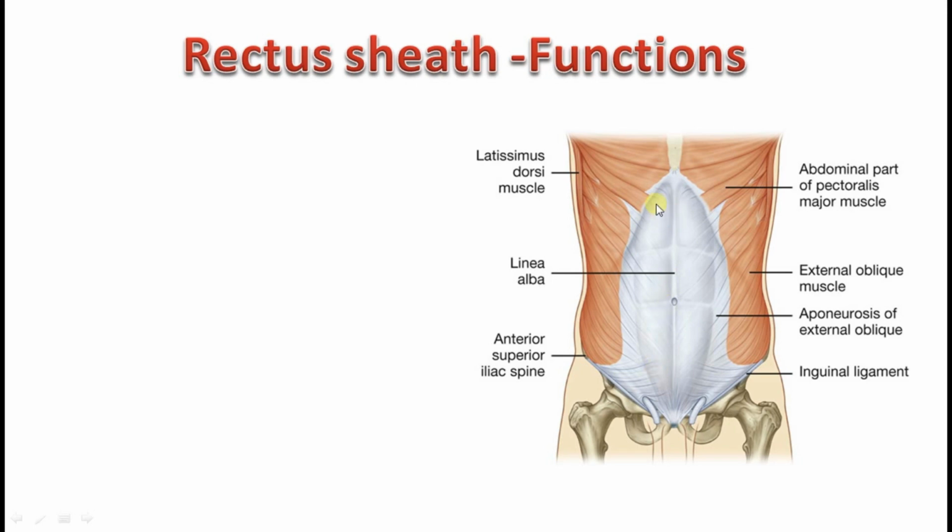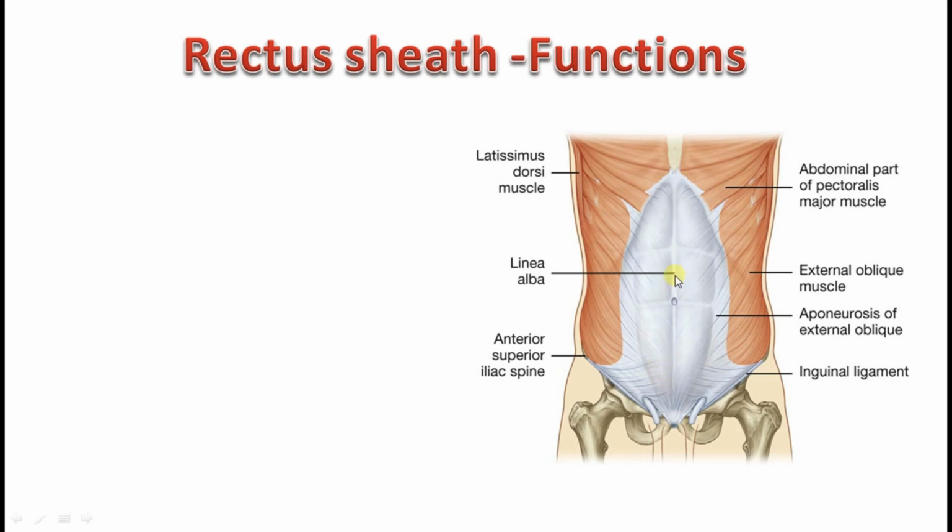But here it is very much developed. Here it provides some protection because these three muscles through their aponeuroses are getting inserted into the linea alba. So near their insertion, this rectus abdominis muscle is present like a strip or belt.